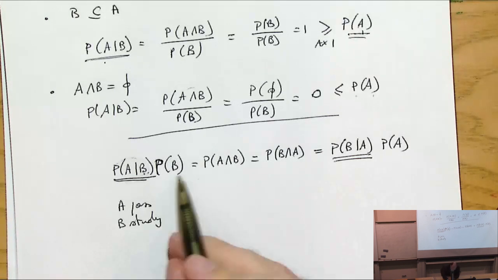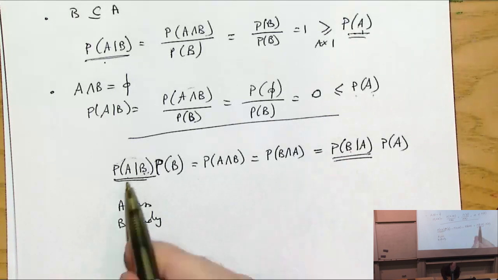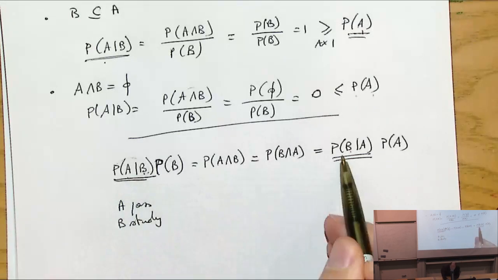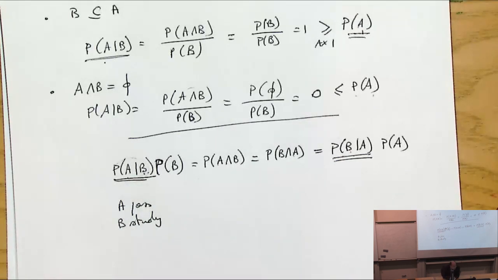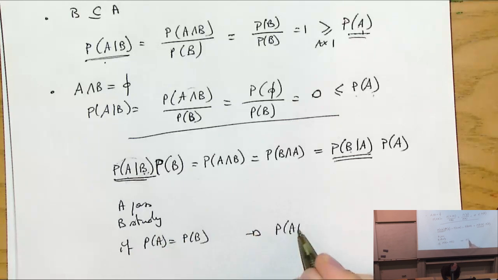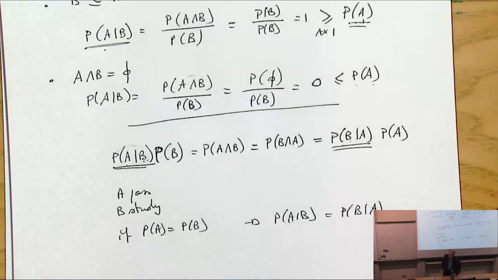But what we see here, when do we have that P of A given B and P of B given A are the same? Well, it happens when P of B and P of A are the same. So if you take P of A equal to P of B, then you have P of A given B equal to P of B given A, okay? But in general, they can be quite different.